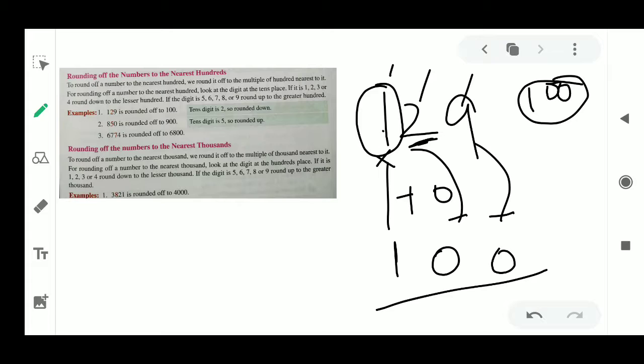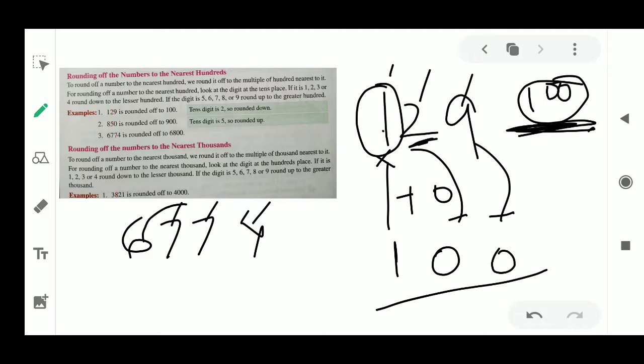Similarly, we can do this with 6774. So we have to round up to the nearest 100. So ones, tens, 100. Just circle it, put the arrow, and check this digit. This 7 is greater than 5, so it means we will do plus 1.